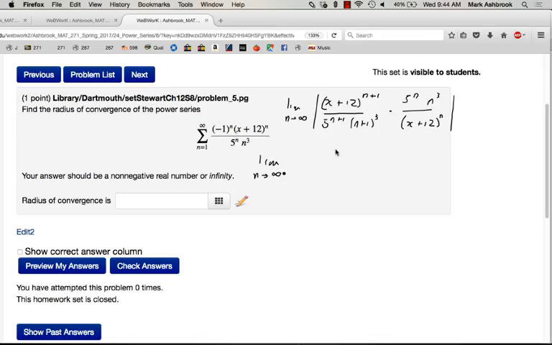Again, what are we thinking about? What does (x plus 12) to the n plus 1 mean? You should imagine a bunch of x plus 12s multiplied together. Same with (x plus 12) to the n. So then what do we compare? We compare how many x plus 12s are multiplied together in the top versus how many are multiplied together in the bottom.